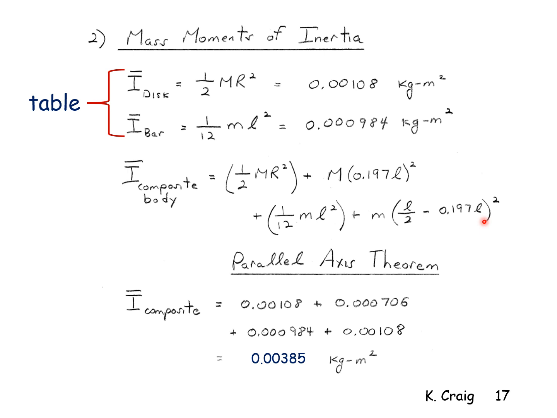Plugging in the numbers for the L, M, small m, large M, and capital R, I get this result, 0.00385 kilogram meter squared for the mass moment of inertia of my composite body about a z-axis perpendicular to the plane of motion through the center of mass of the composite body.